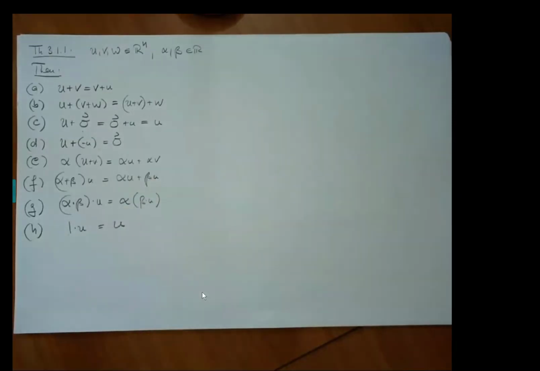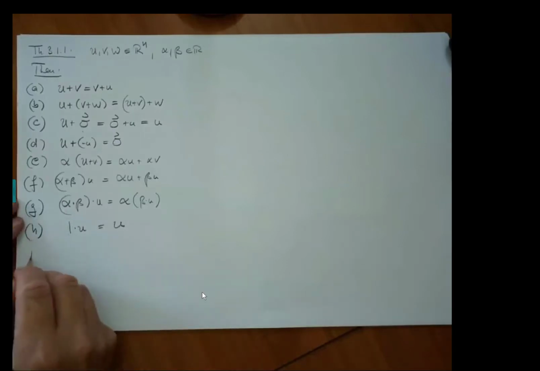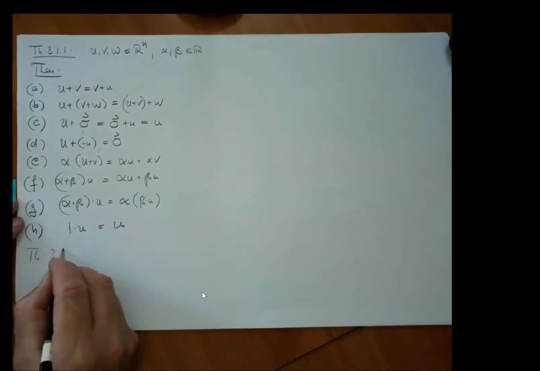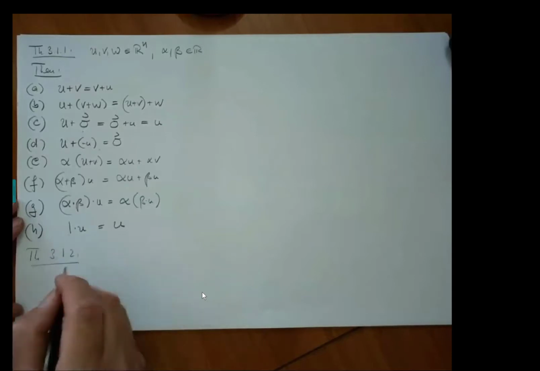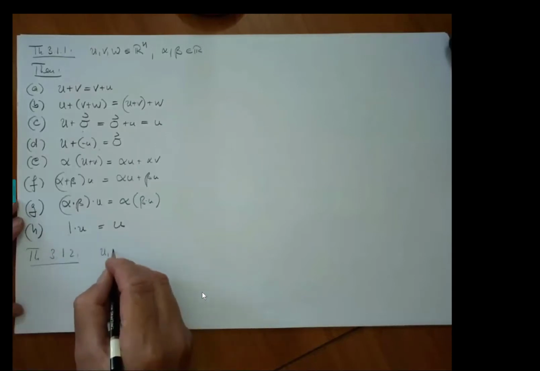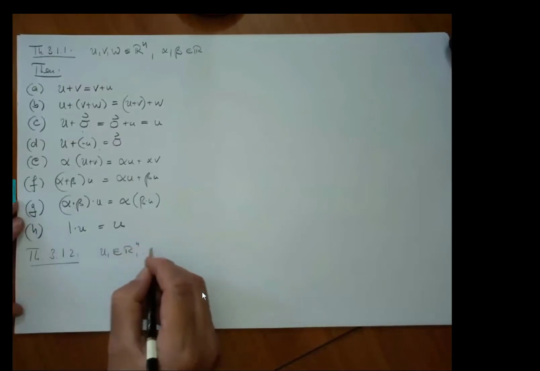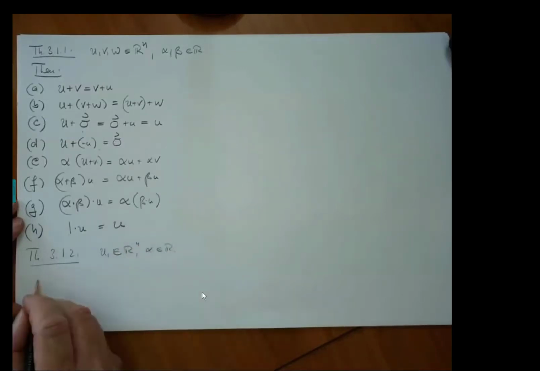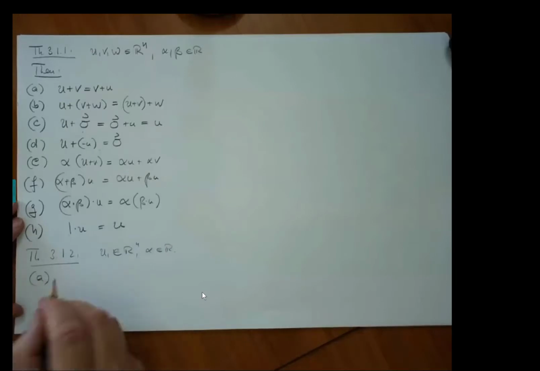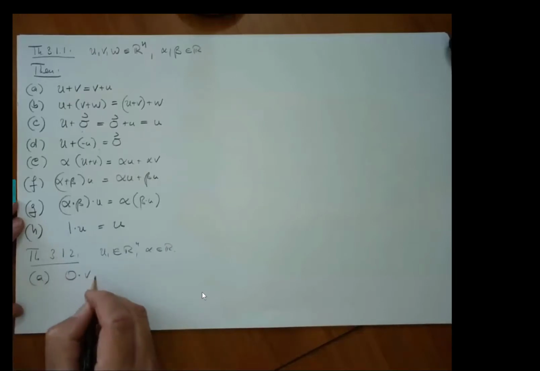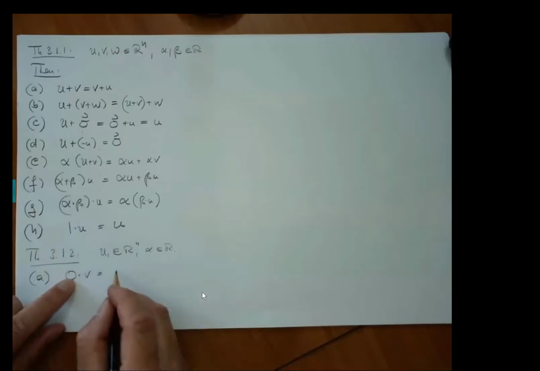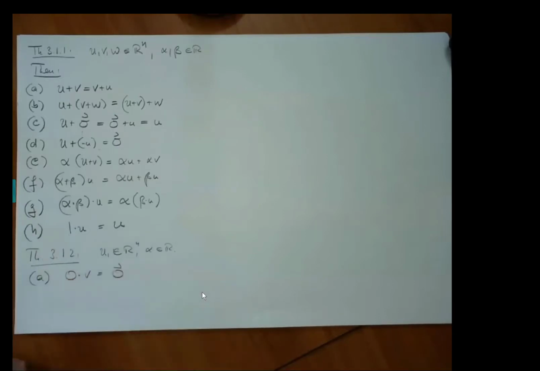Another easy consequence of this is the following. This is theorem 3.12. Again, we have U in Rn and alpha in R. Then 0 times V, so this is the 0 number, is the 0 vector.